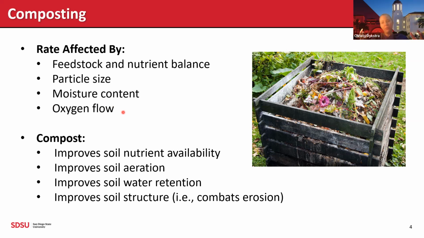If we don't have that present, then it goes anaerobic, or basically without oxygen, and we start to get a whole different set of microbes there. Things can get smelly. We can have issues. So we really don't want our compost heaps to go anaerobic. And so in order to make sure that doesn't happen, we have to supply enough oxygen. There's a few different ways to do that. We'll talk about that in a minute.